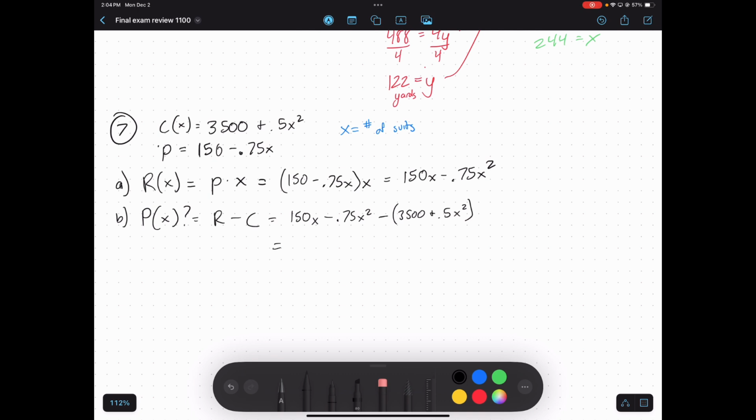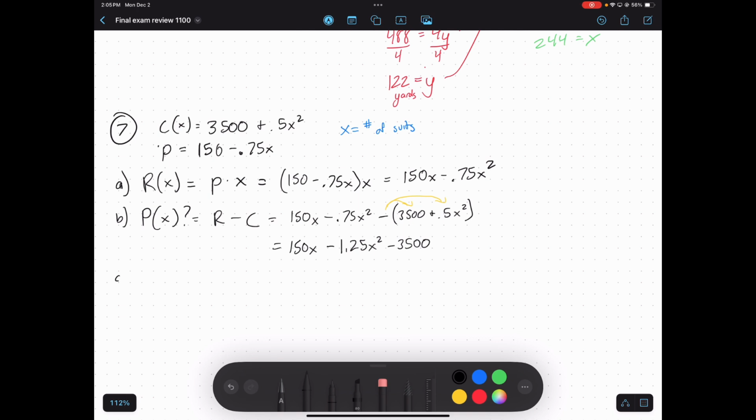If I simplify that, I need to distribute this minus to both of these terms. Negative 0.75x squared minus 0.5x squared gives me negative 1.25x squared, so I get 150x minus 1.25x squared minus 3,500. Okay? Everybody okay with that? There's my profit.